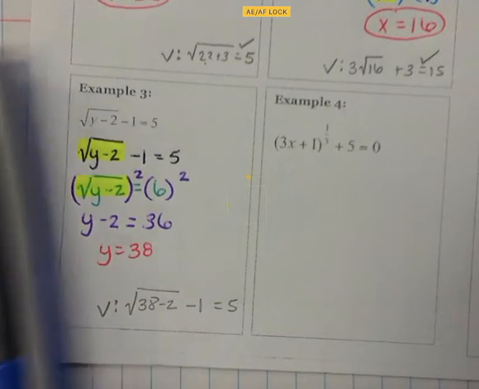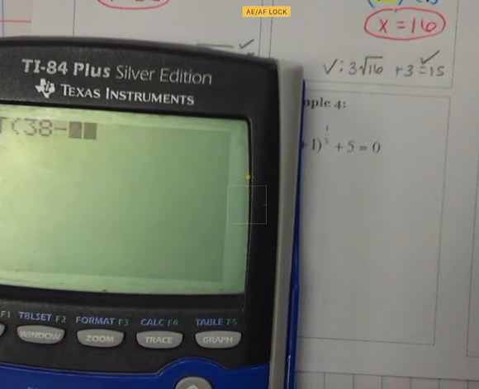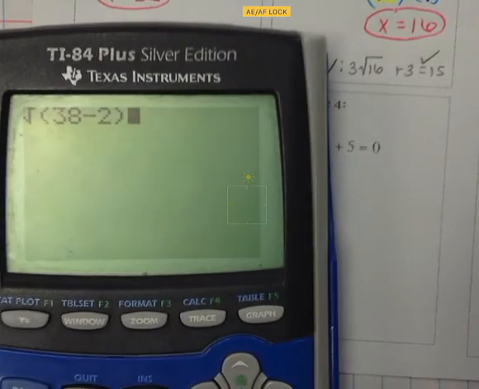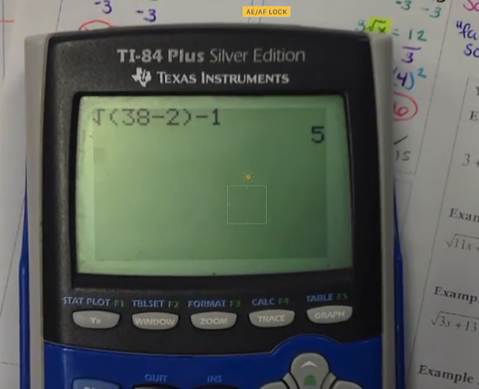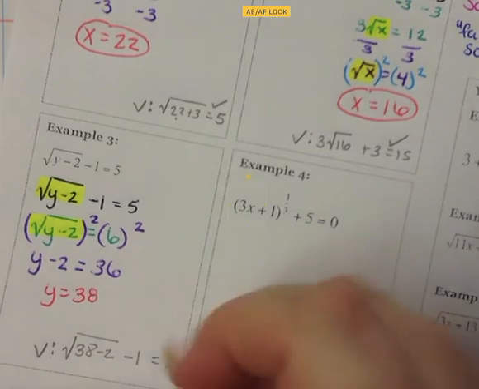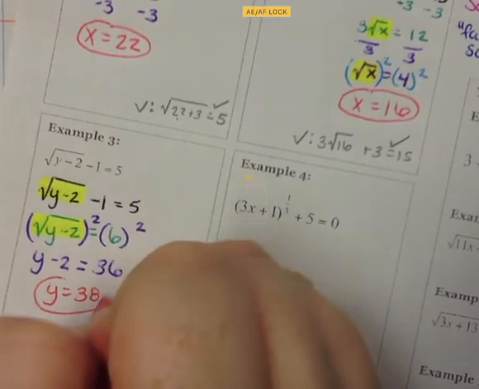So calculator, square root 38 minus 2, close parentheses, minus 1 does equal 5. And that is correct. So we put check mark and say yes, 38 is our correct answer.